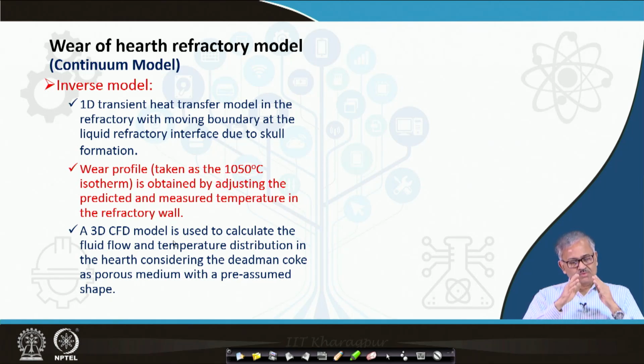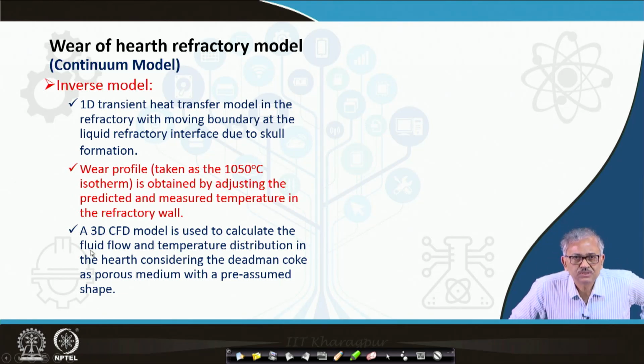What you have to do is consider a fixed shape of the dead man coke, either a sitting dead man or a floating dead man, and then take a pre-assumed shape of the coke bed. You consider it as a porous medium and the liquid as a continuum phase, and then you can solve it.